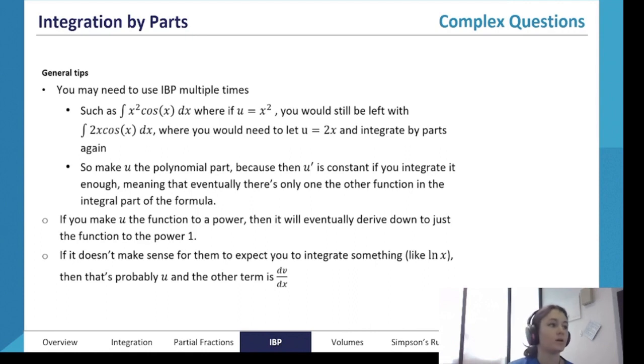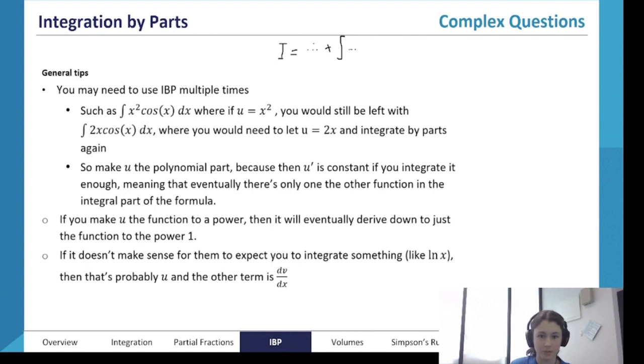Okay, so the general tips that I have for integration by parts. The first one, and this is the more widespread one, is that you may need to use integration by parts multiple times. What happens is you're applying your formula and you get that your integral is equal to something plus the integral of something else.